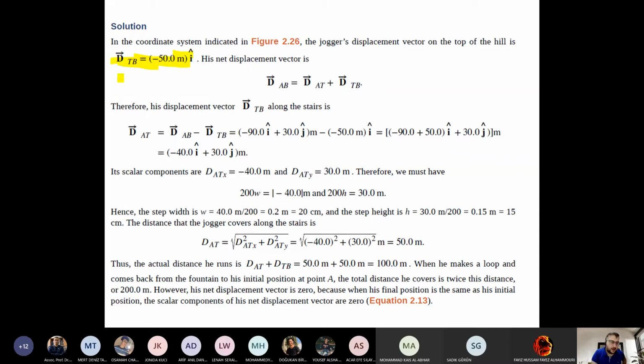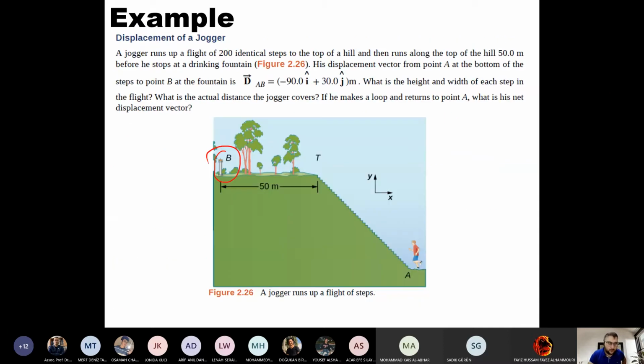Minus 50 meter ahead because he took this point as a 0 point. If you take this point as a 0 point, from the coordinate system you can put x minus x, y minus y.